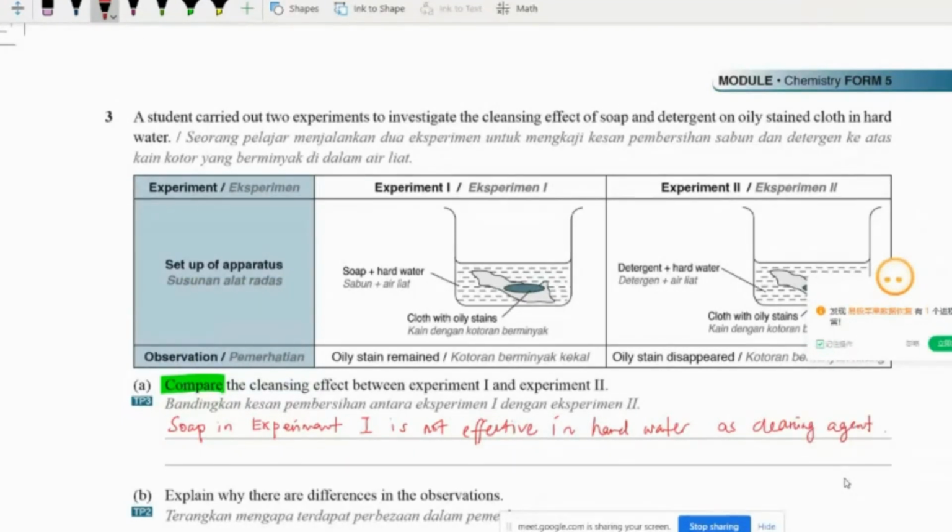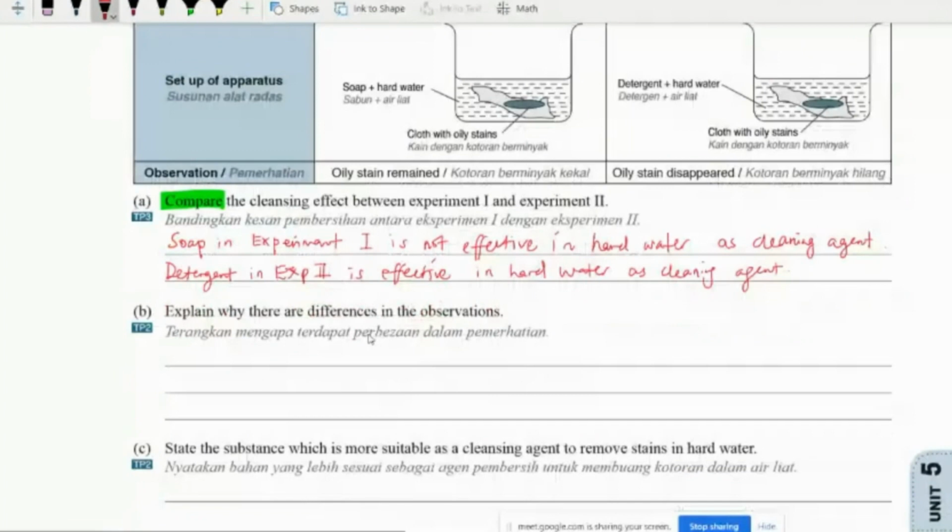But the detergent in experiment 2 is effective in hot water as cleaning agent. So this is how we compare. You can also use other sentences to compare, as long as you say soap is ineffective, not effective, and detergent is effective in hot water as cleaning agent.